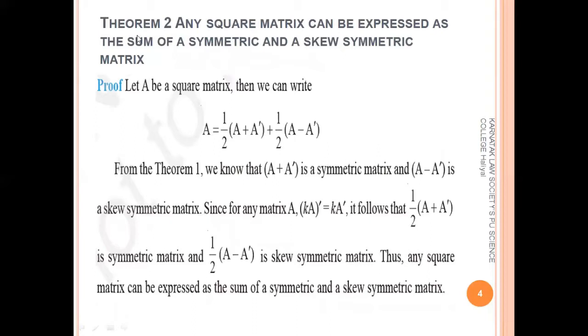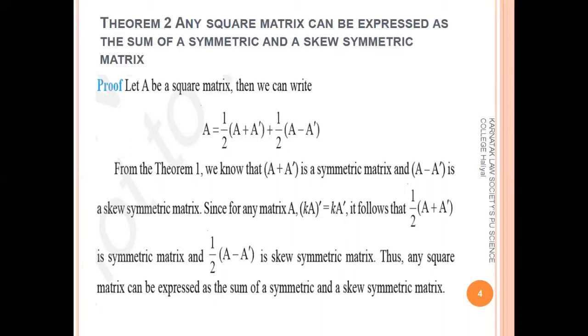Now, the second theorem. The statement is: any square matrix can be expressed as the sum of a symmetric and a skew-symmetric matrix. If you take any square matrix, it can be expressed as the sum of a symmetric matrix, that is A plus A dash, and a skew-symmetric matrix, that is A minus A dash.